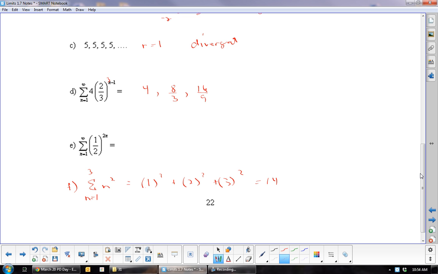And then you've got to go find the first three terms to find your R. Now, if you take 8/3 divided by 4, or 16/9 divided by 8/3, you will get R equal to 2/3. And then you just go and use your formula. S equals A over 1 minus R, which is 4 over 1 minus 2/3. Okay, and if this thing kept going forever, it would equal 12.